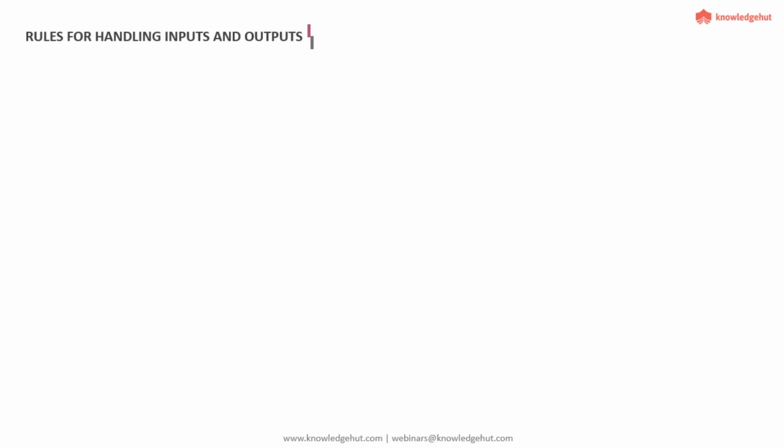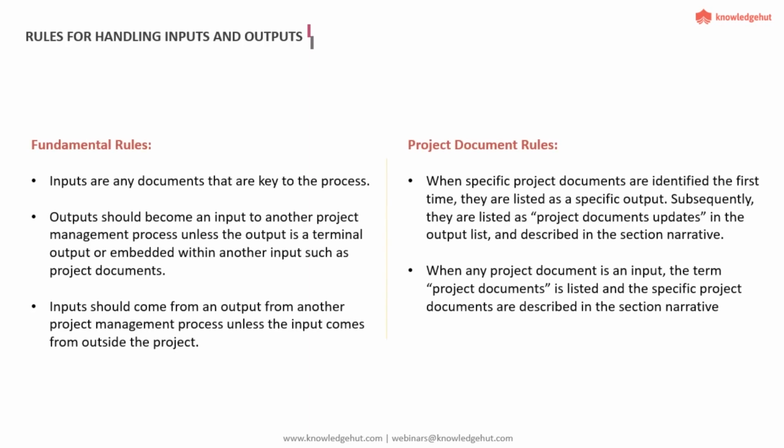You can see here we are talking more about the inputs and outputs. Typically they are saying one of the major inputs would be certain documents. So inputs are any documents that are key to a process. When you start seeing the list of inputs, you'll find many of the inputs are documents.